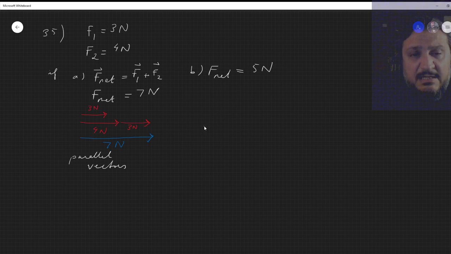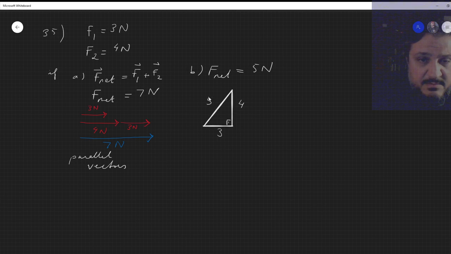So the 3, 4, 5 triangle. 3, 4. This is 5, meaning 3 squared plus 4 squared, that is 9 plus 16, which is 25. Take the square root of 25, you get 5, okay?